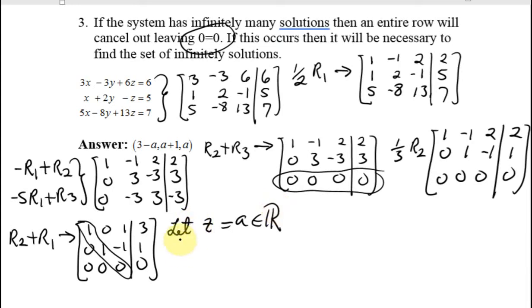So if that be the case, look at that first row. That first row says x plus z, but z is now a, is equal to 3. So that means that x is equal to 3 minus a.